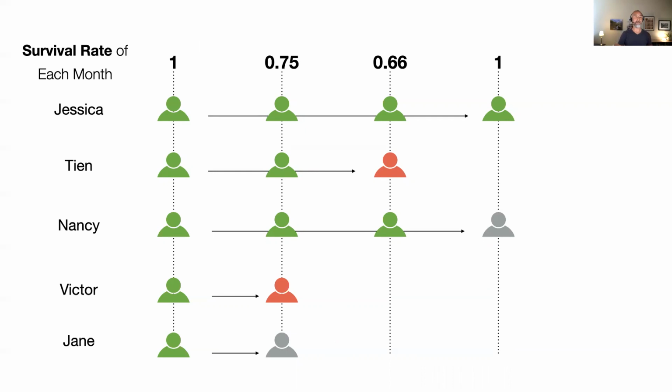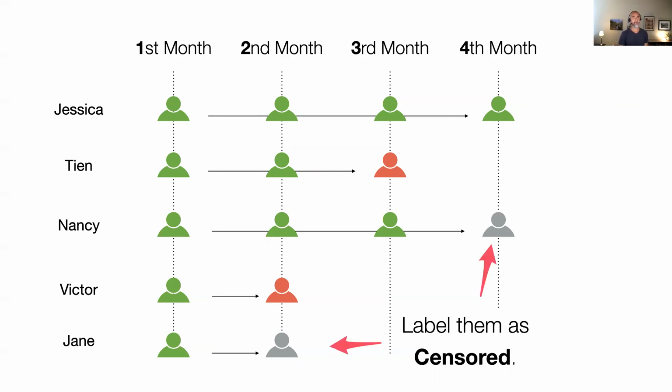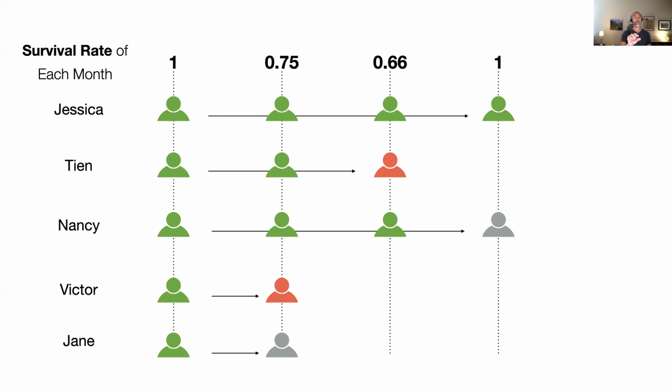So the survival rate for the second month, I think this is the second month. Yeah, second month, now we have 0.75. We calculated that by 3 divided by 4, not 5, because we don't know whether Jane is there or not. And then the same thing for the 4th month, we pretend Nancy doesn't exist from the beginning, so we don't even add that to the calculation.